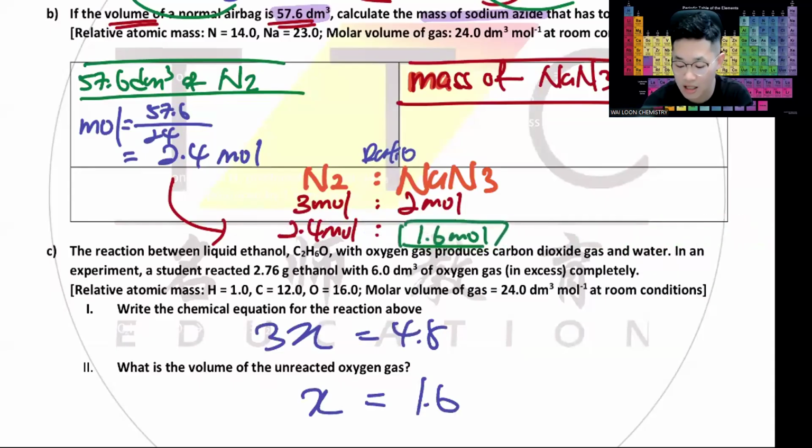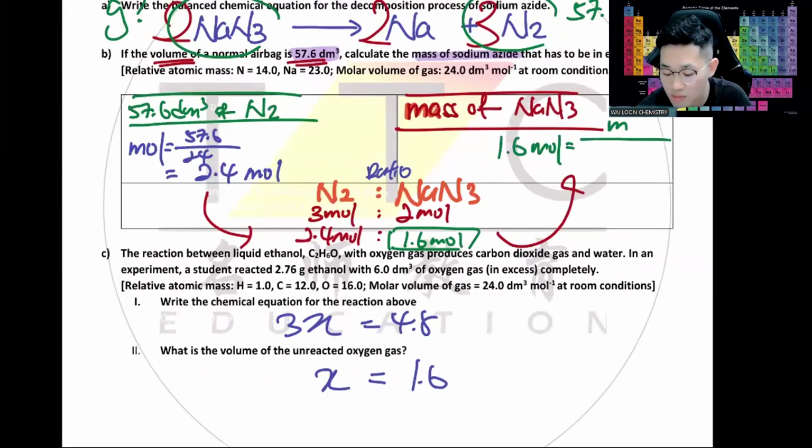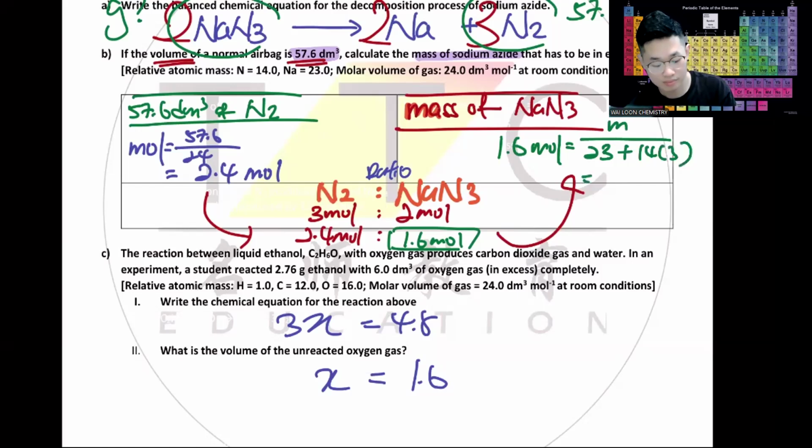Okay, finally, 1.6 mole is equal to mass over molar mass. Na and 3. We get 104 gram.